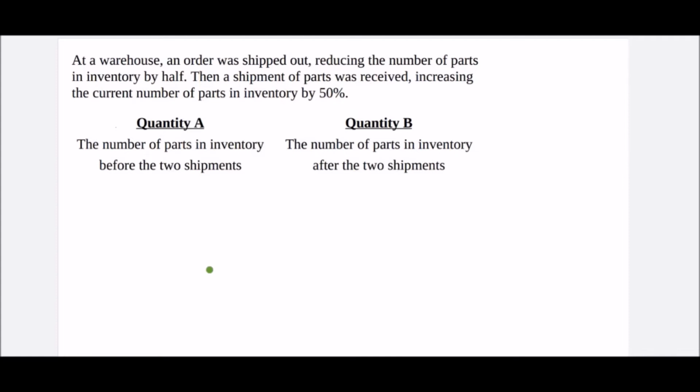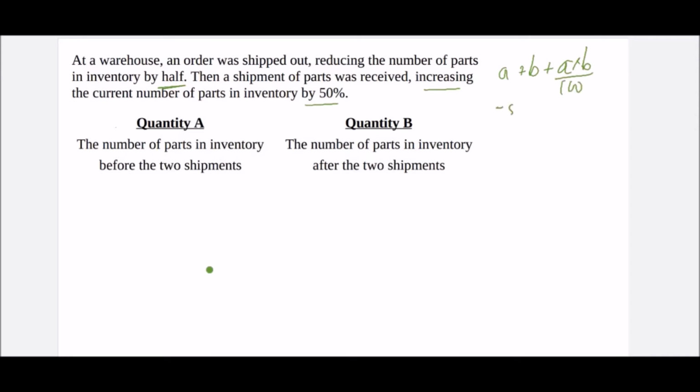See here, in the first, reducing the number of parts in inventory by half means reduced by 50%, right? And then the shipment was received, increasing the current number of parts in inventory by 50%, and that will be an increased value, so it will become positive. So let's find the total change by using the previous formula, A plus B plus A into B divided by 100.